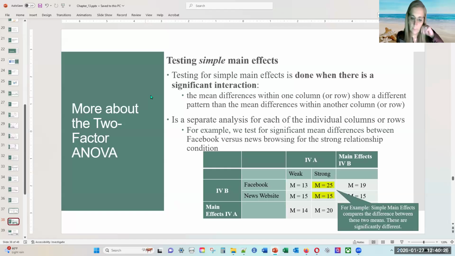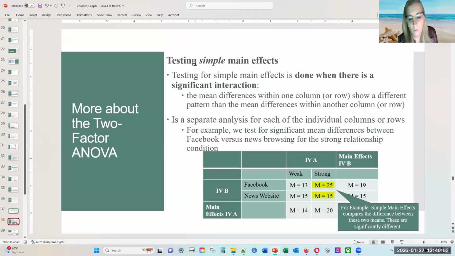All right, so if you do have an interaction, you need to go yet another step. Just like with one-factor ANOVA and doing post hoc tests, for a factorial ANOVA, two-factor ANOVA, we need to report further to understand it better.